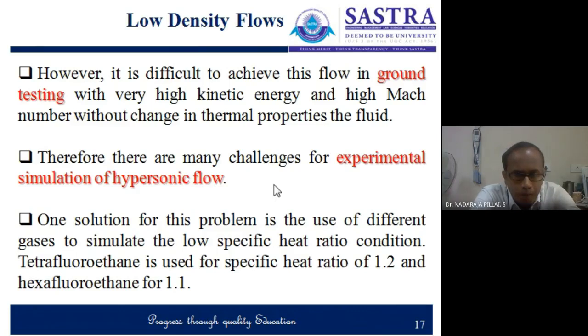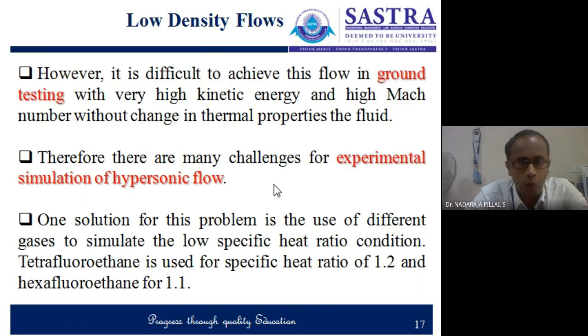So for experimental simulation, we use one particular solution: we use a gas different from air, which should have a low specific heat ratio. For example, tetrafluoroethane, which has a specific heat ratio of 1.2, and hexafluoroethane, whose specific heat ratio is 1.1. If we use these gases, we can achieve the required hypersonic criteria, right?